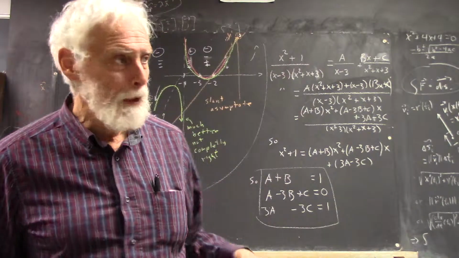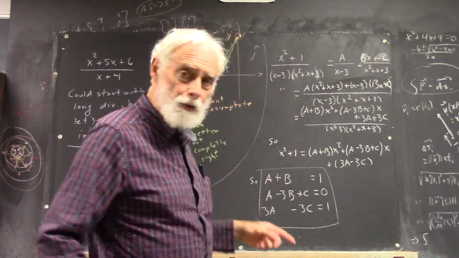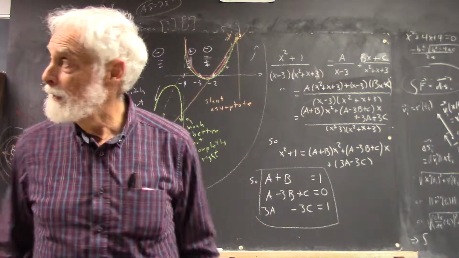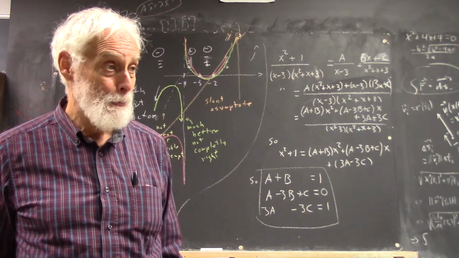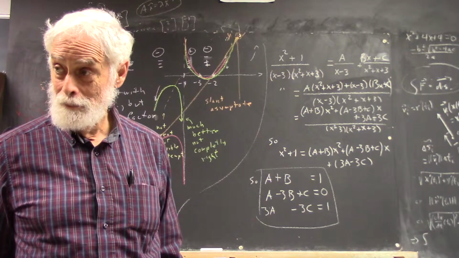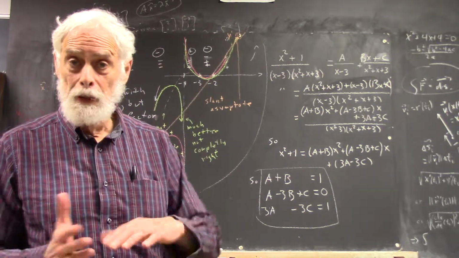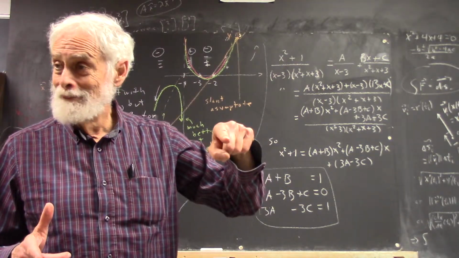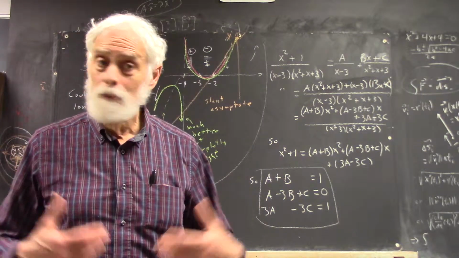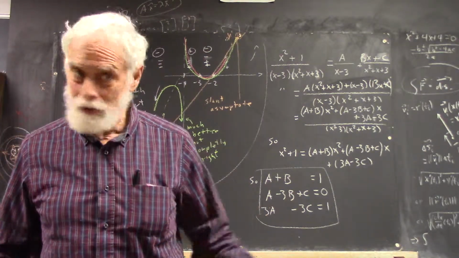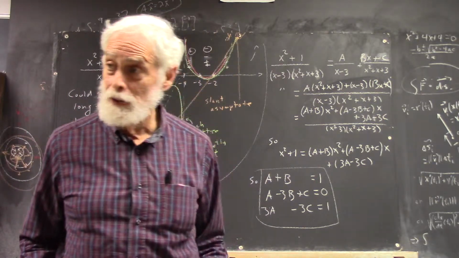So you see, this whole process of solving simultaneous equations comes up again and again, right? If you want an exponential function through 2 points, you're going to have to write down two simultaneous equations and solve them. Power function through 2 points, two simultaneous equations and solve them.